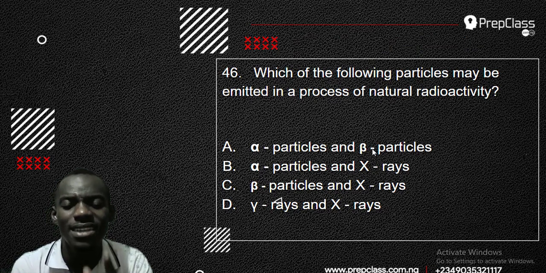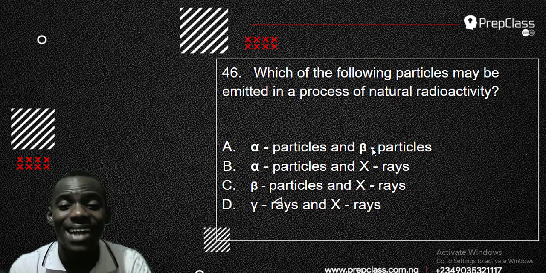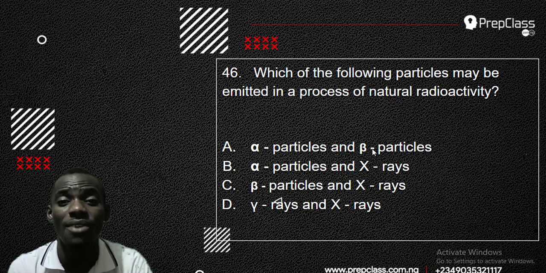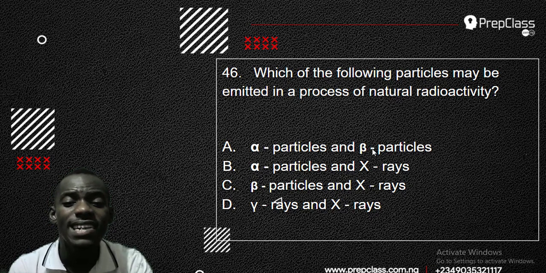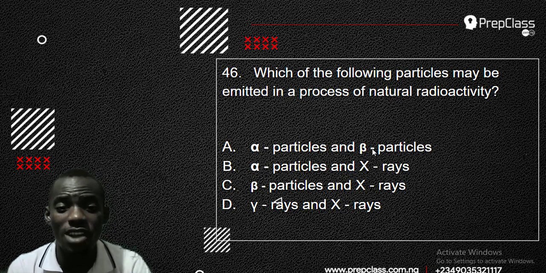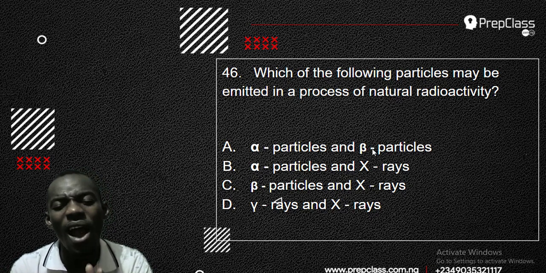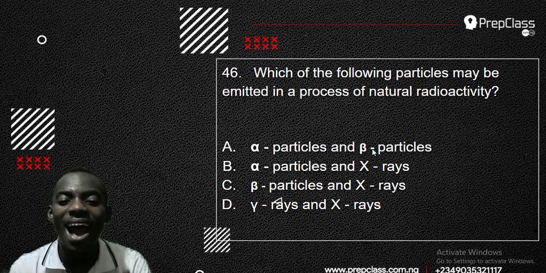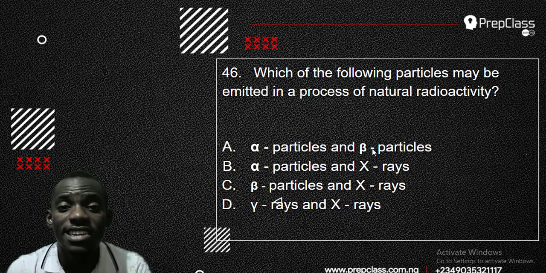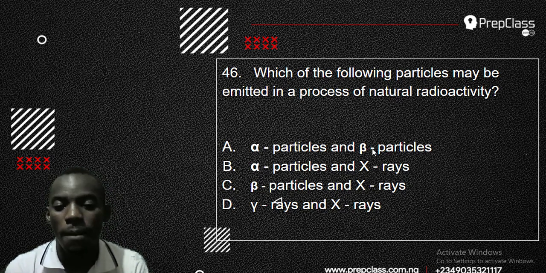And that ray, which is the problem of this question, is X-ray. X-ray has no place with radioactivity in the natural form. So X-ray is a poison to the question. Any option with X-ray is poisoned already. So A has alpha and beta, which is the correct answer. Actually, gamma can also be with them, but with alpha and beta, they are still correct.